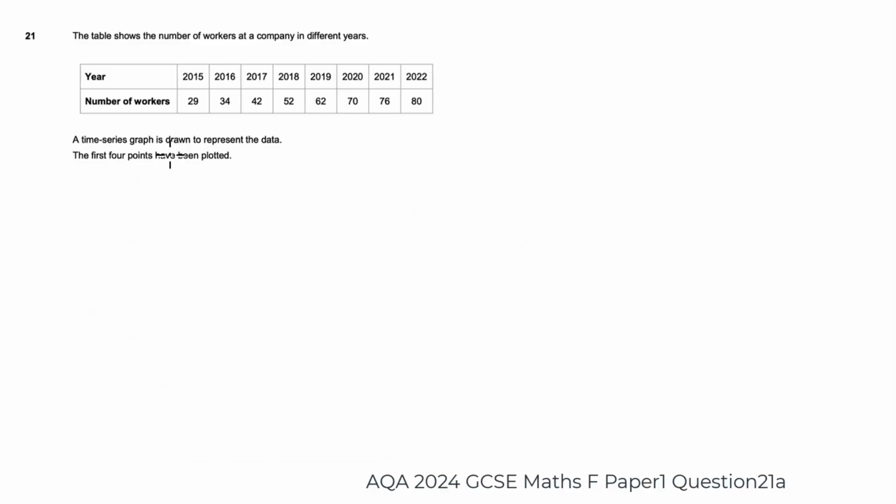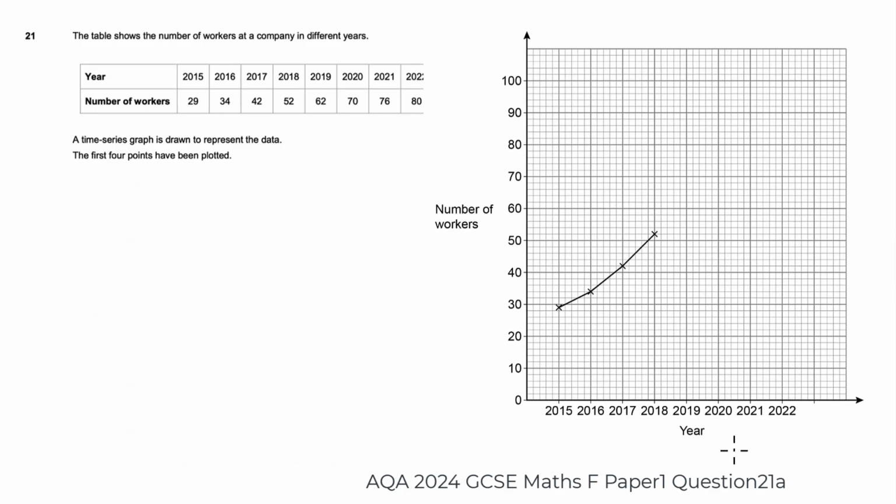And a time series graph is drawn to represent this data. Well, let's have a look at that graph. There it is. There's the years along the bottom axis, and the number of workers is shown up this vertical axis. Now, you should be very careful about what each little square represents.